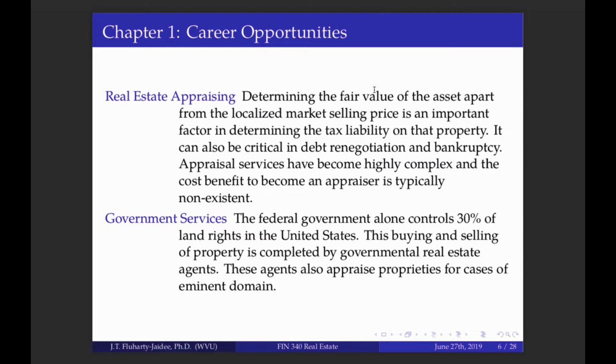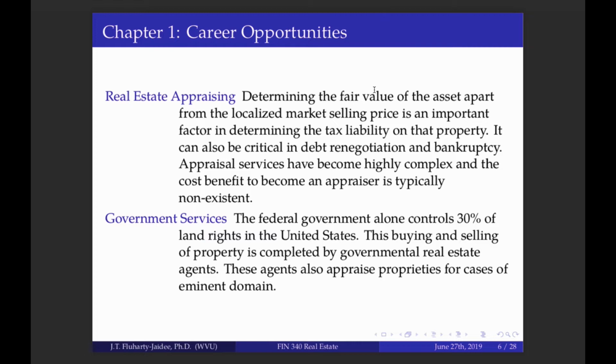And appraising is so important because the market value of the house may not be the same as the appraising value of the house, and the appraising value is what is used for tax purposes. This is often the case where somebody purchases a house at $300,000, and the house is then appraised at $350,000, and they have to pay more property taxes.